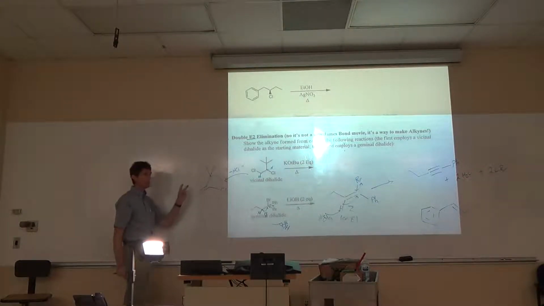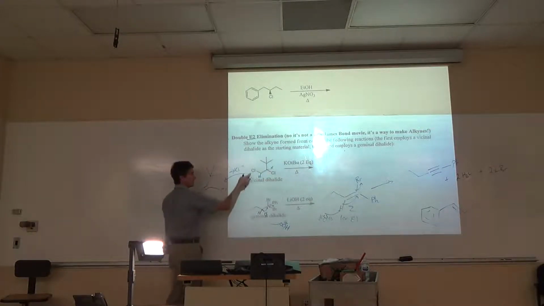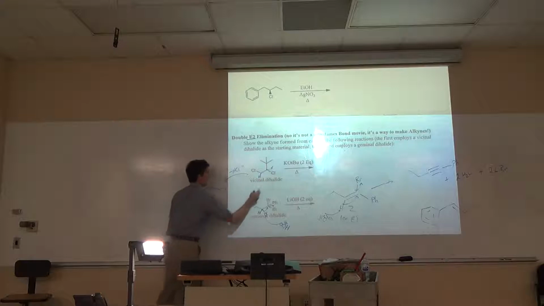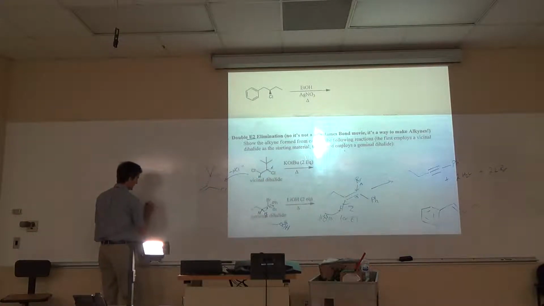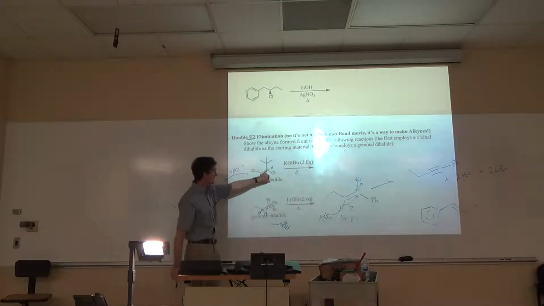I'm not going to get into that, but alternatively, you can remove this chlorine first, and your intermediate would have the chlorine over here. And if it's over here, now you've got stereochemistry, isobutyl cis or trans. Now here, we do have stereochemistry, but I'm not defining it, so we don't know how to deal with it.